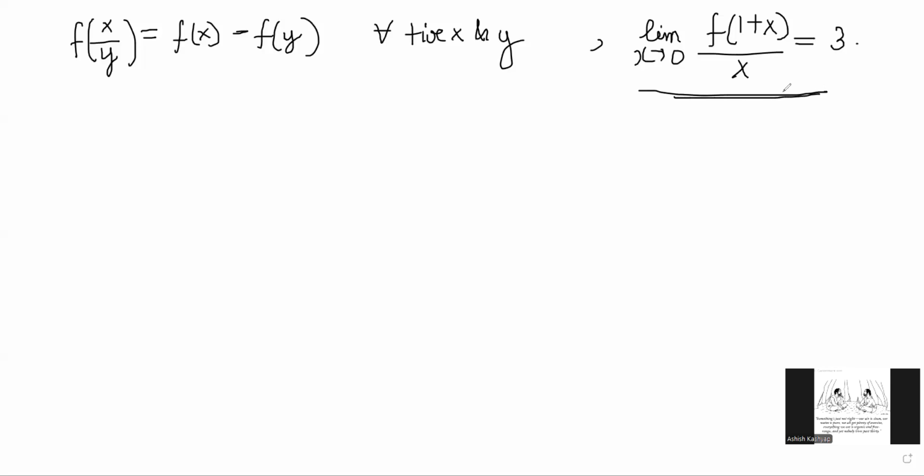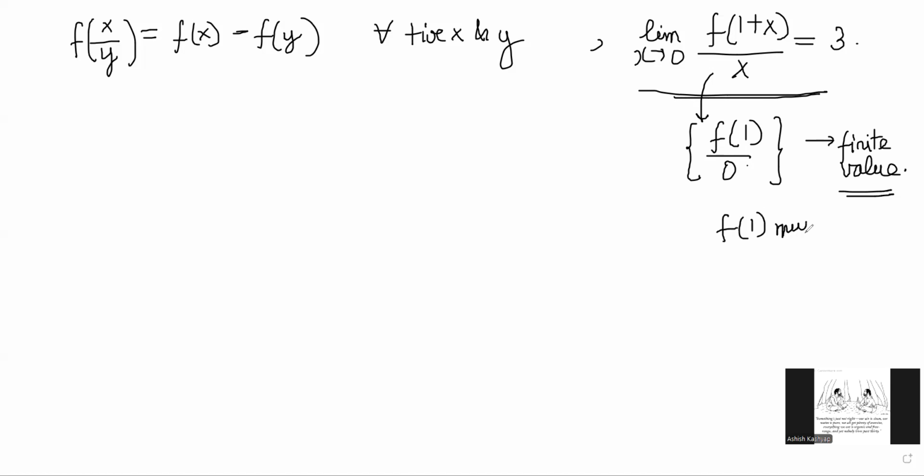Let's pay attention right now, first of all, to the fact that this limit is given to us, right? If you try to put x equal to 0 in this, you should get f of 1 by 0. But the only way in which it will be finite is if f of 1 must be 0.